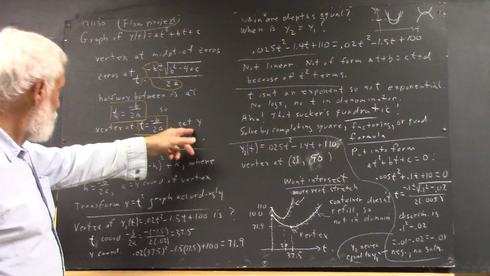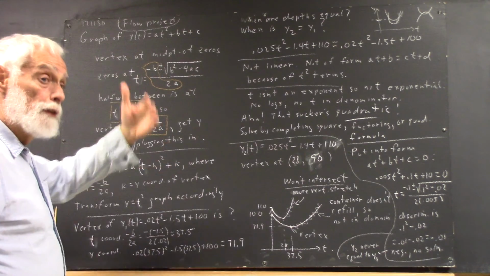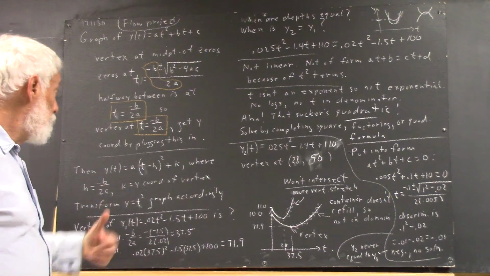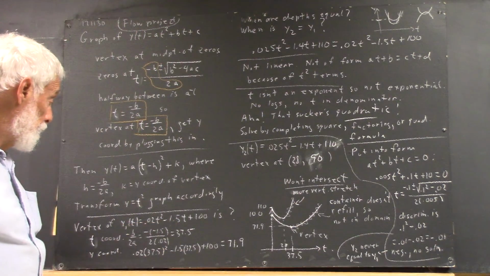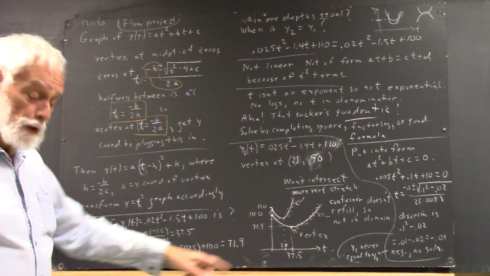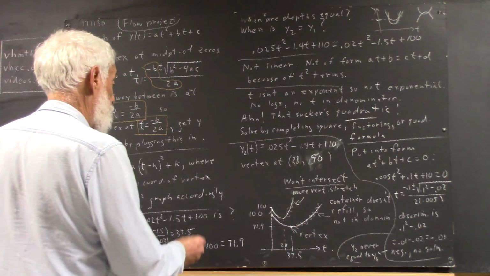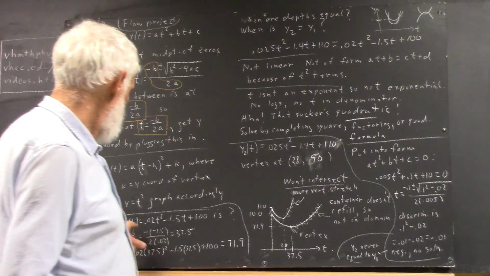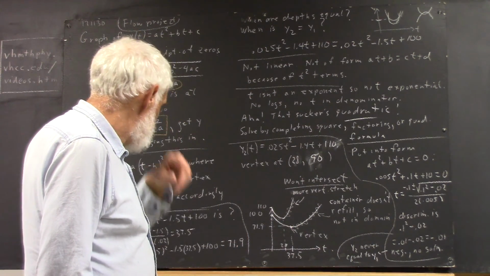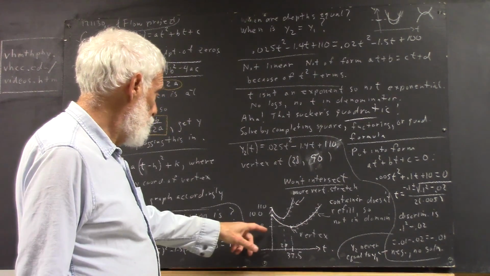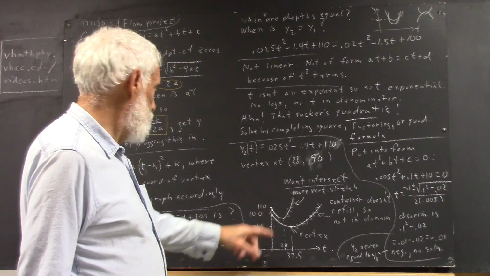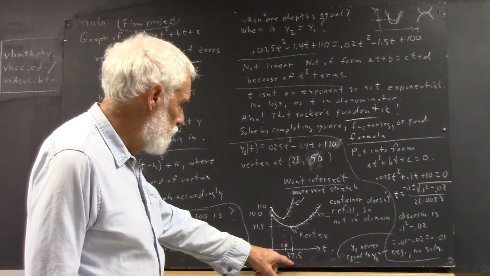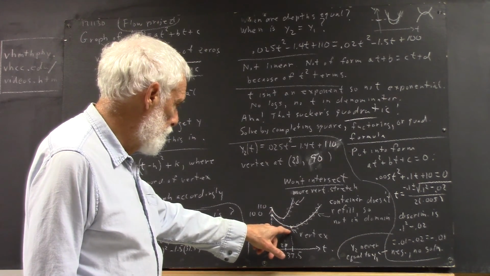We plug the value of t for the axis of symmetry, which is where the vertex is, into this function, we get this, and it comes out 71.9. So now we have a graph of this function. Y-intercept, the coordinate of the vertex, 37.5, 71.9.